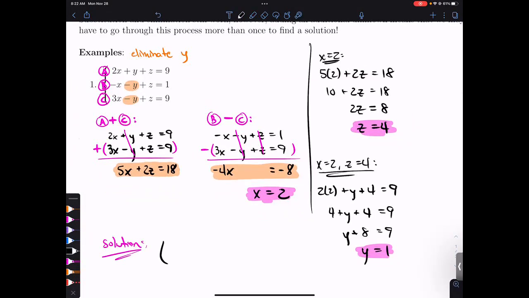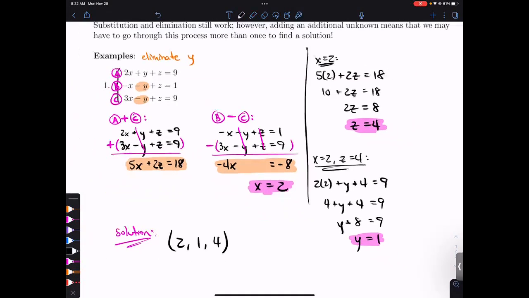It's an x, a y, and a z, is 2, 1, 4. Okay.